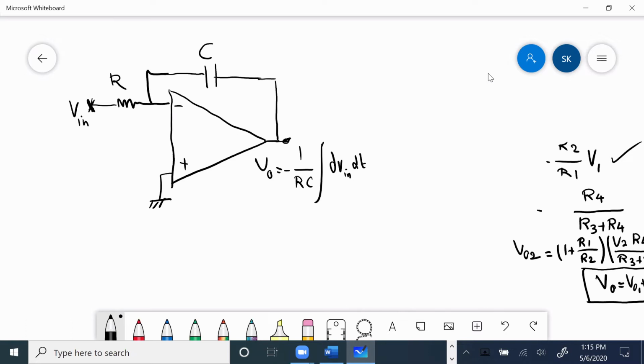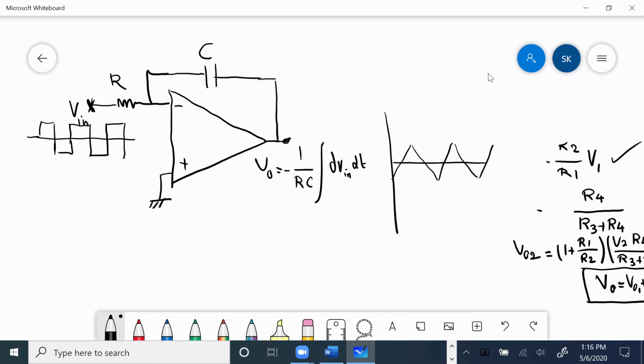For example, if I apply a square wave there, I will receive a triangular wave there.